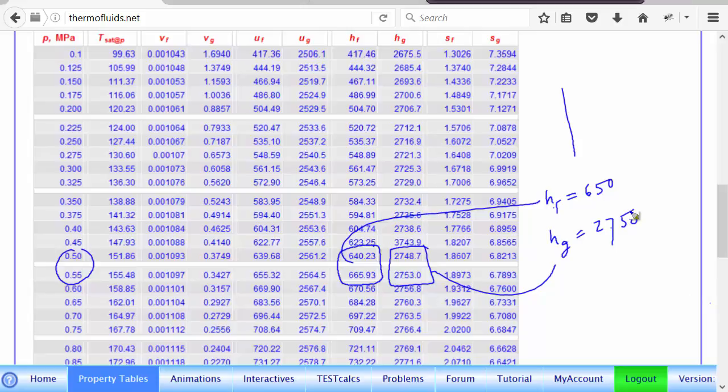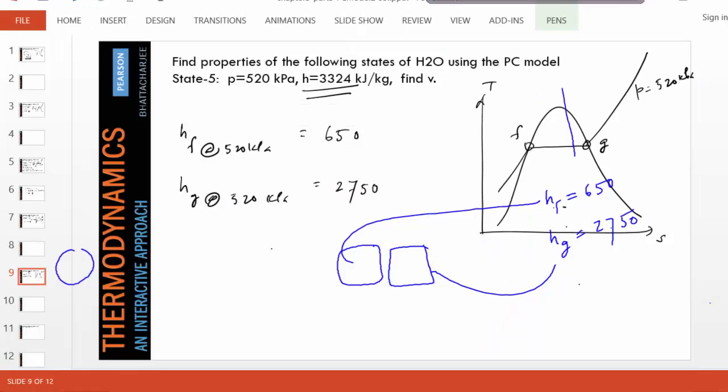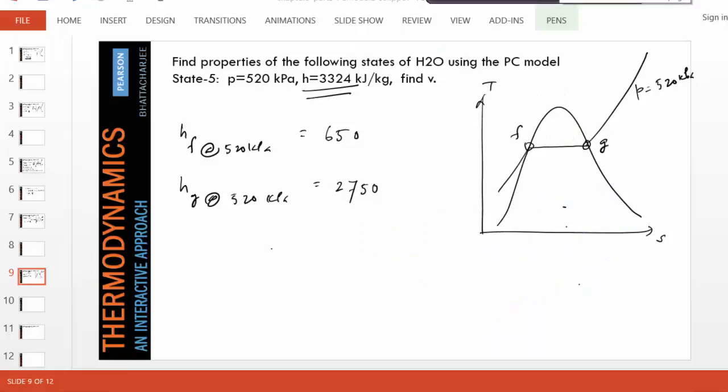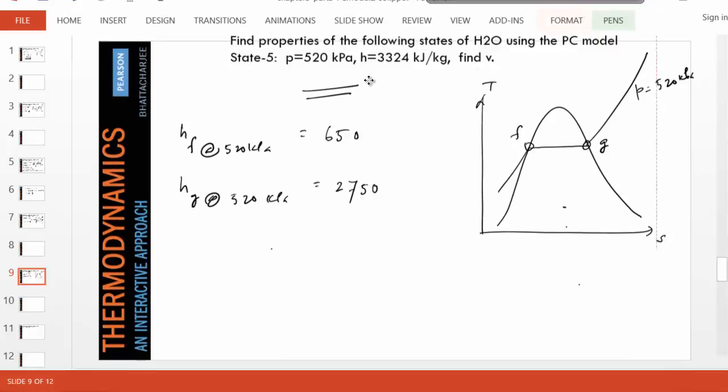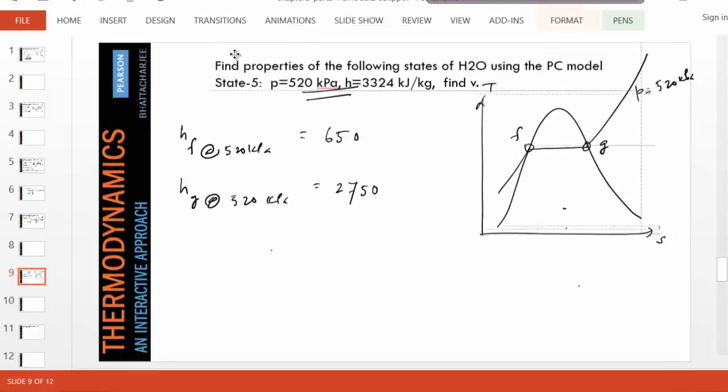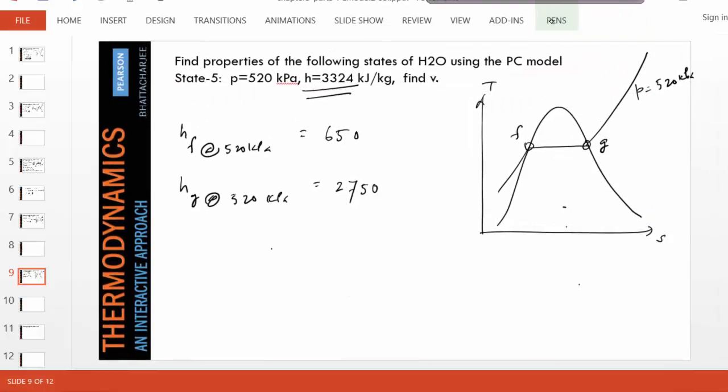So if we pick these numbers from here, go back and compare that with the H that is given to us, which is 3324. Obviously 3324 is way bigger; H is greater than Hg.